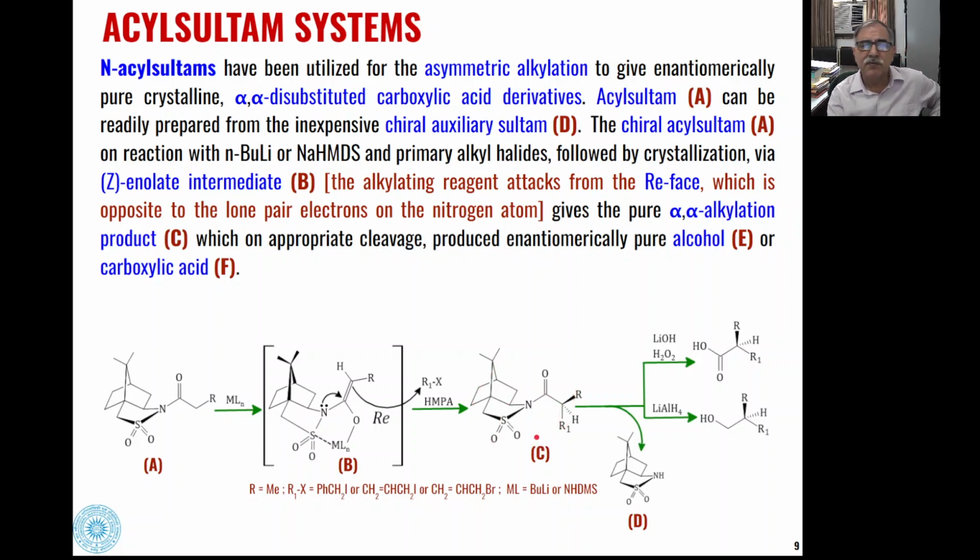So these alpha-alpha alkylated N-acyl sultams can then be hydrolyzed to give carboxylic acids, or the reduction of this bond followed by hydrolysis gives alcohols as a product. So alpha-alpha disubstituted carboxylic acids or alcohols can be synthesized using N-acyl sultams as the chiral auxiliary.